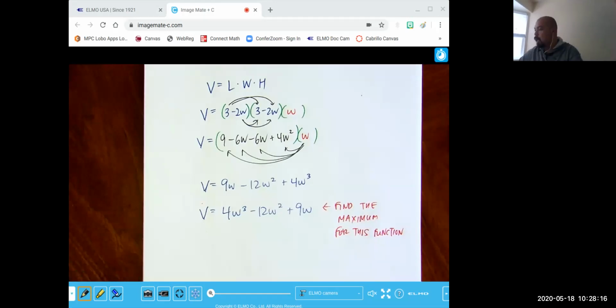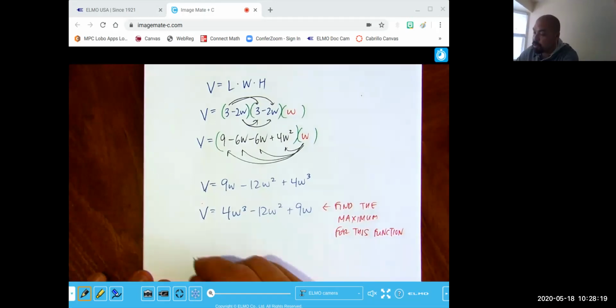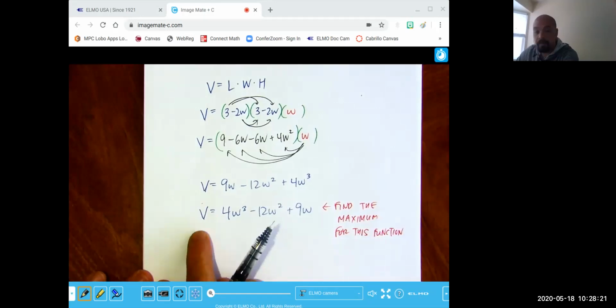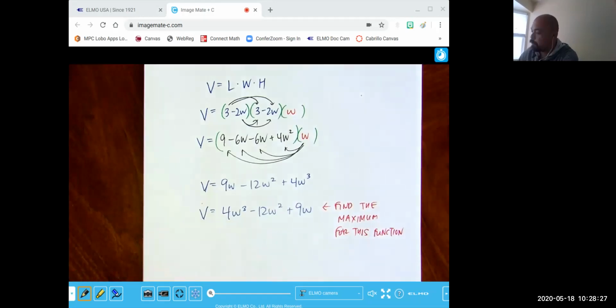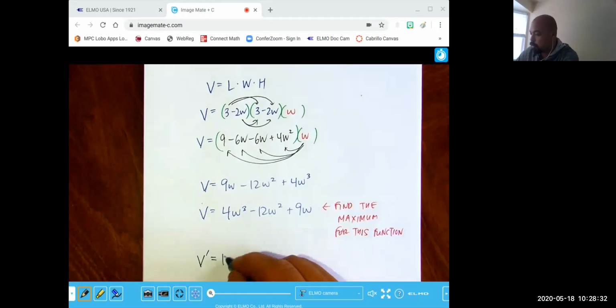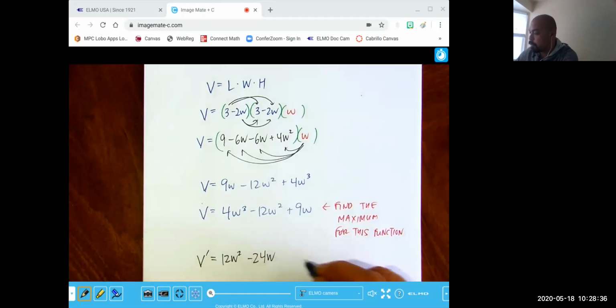Okay, all right, so with that said, taking that derivative with respect to w, right, the volume depends on the width, the height, right, that component we've taken for our square. So taking our derivative, V prime, 12w squared minus 24w plus 9.